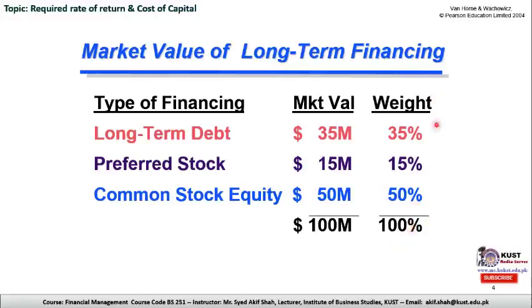If we sum up all three weights, we come up with 100%, which tells us that we have utilized long-term debt, preferred stock, and common stock in 35%, 15%, and 50% proportions respectively to generate $100 million for our company.